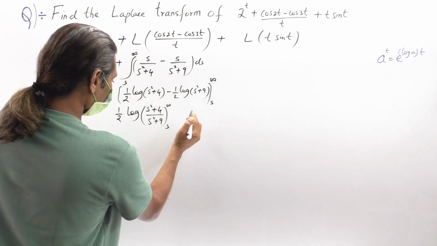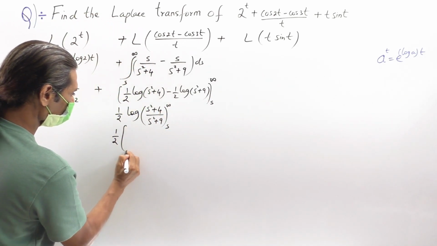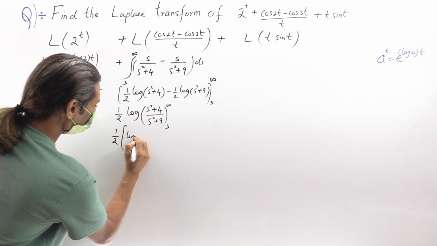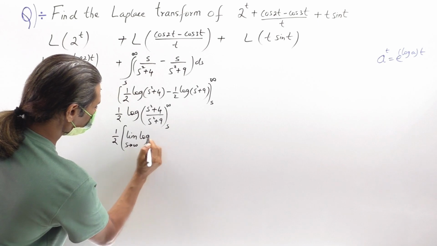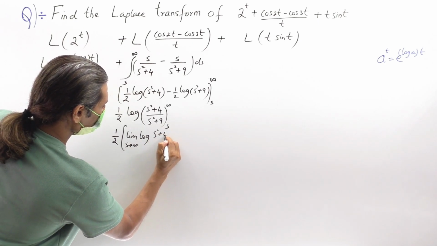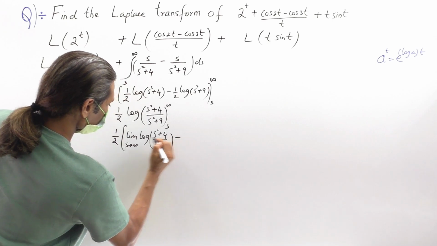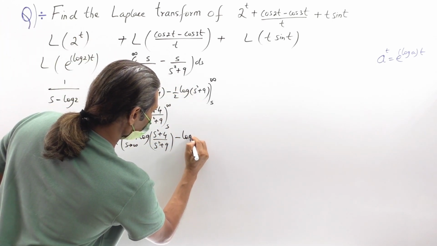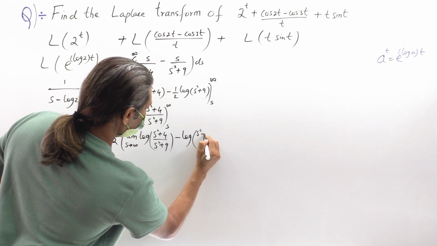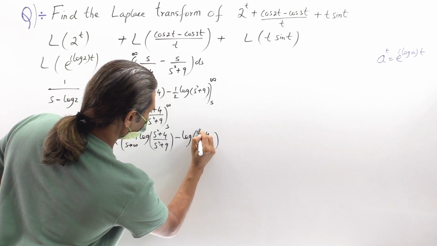We take this as 1 by 2, and first for this we apply the limit of log of, as s tends to infinity, s square plus 4 by s square plus 9, minus, in place of s put it as it is, log of s square plus 4 by s square plus 9.